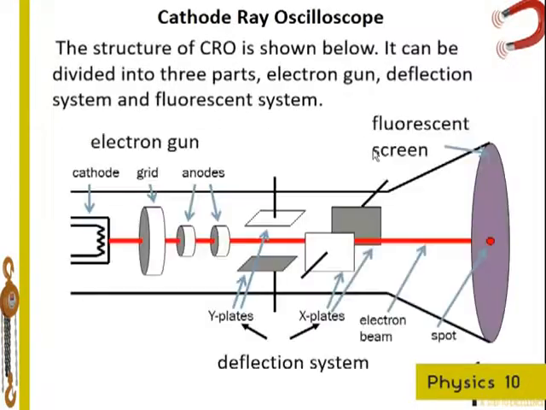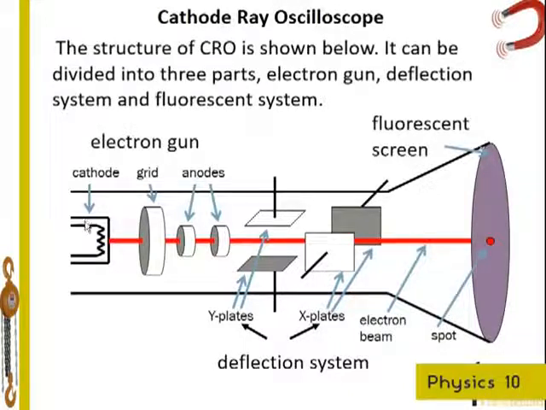So the structure of the cathode ray tube is shown below. And what we're going to do is divide it into three parts. The electron gun, which is this section here, the deflection system, which is this system here, and also the fluorescent screen, which is this part here.